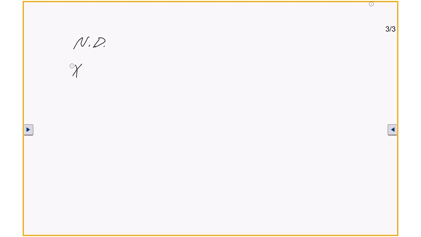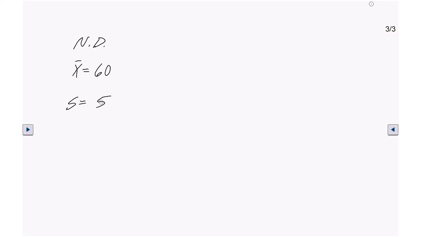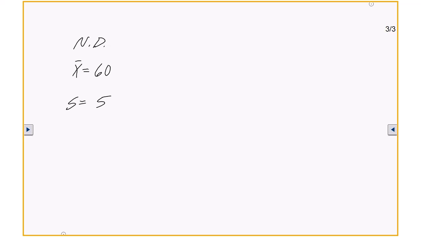Mean is equal to 60, and a standard deviation equal to 5. I want you to find the probability at 42.